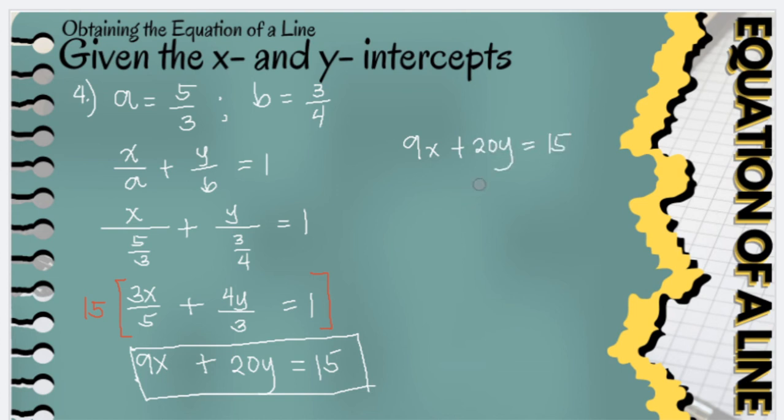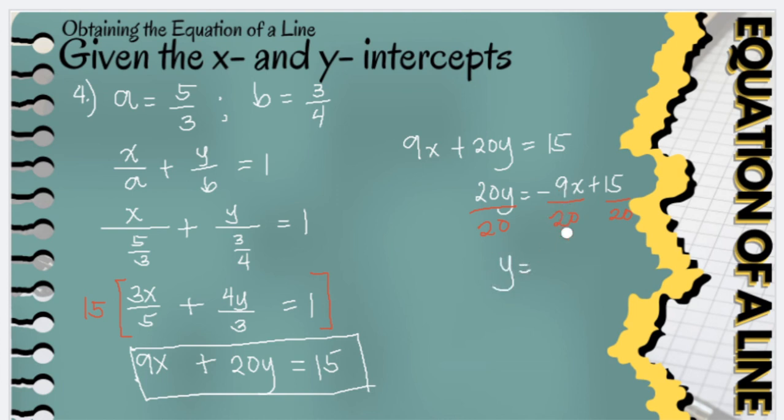So we subtract both sides by 9x. So that will be negative 9x plus 15. And then to remove the coefficient of y, we divide each term by 20. Okay, divide by 20. So, 20y divided by 20, that's equal to y.